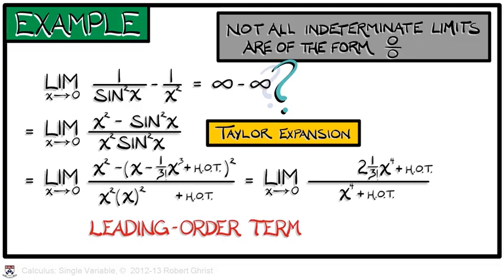Likewise, in the denominator, the leading order term is simply x to the fourth. Thus, canceling the x to the fourths gives us leading order coefficients of 1/3 in the numerator and 1 in the denominator. Our answer is 1/3.